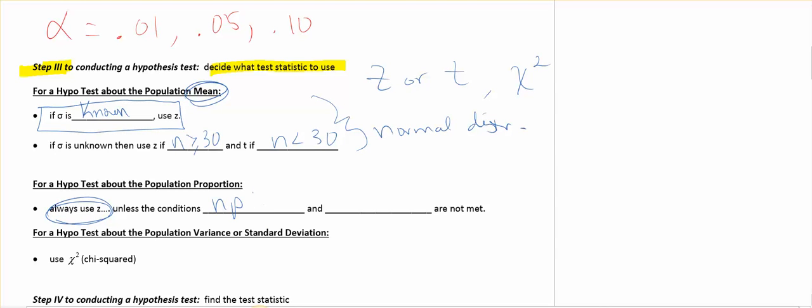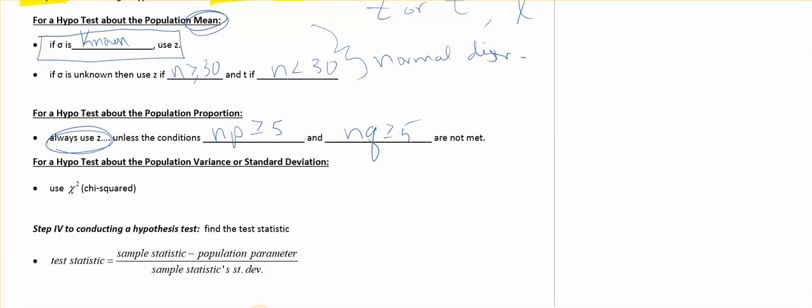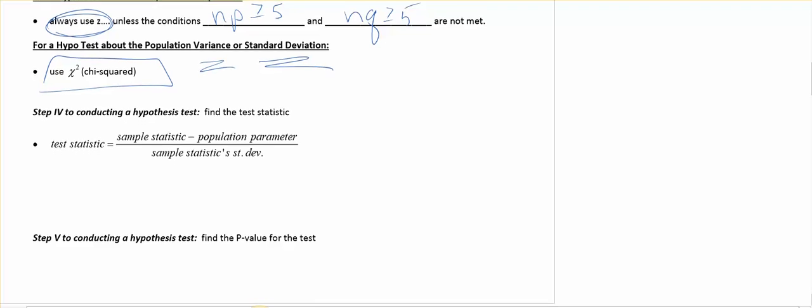Our book's guidelines are that n times p is greater than or equal to 5 and n times q is greater than or equal to 5. Chi-squared is for variance in population. I've chosen for time restrictions not to cover that in this course, but we will see a very common use for chi-squared before the semester ends.